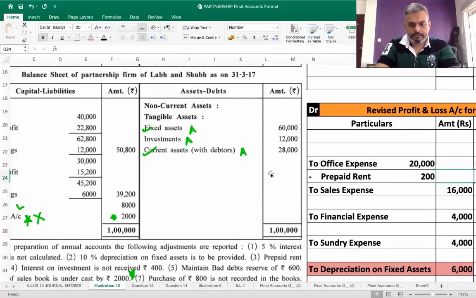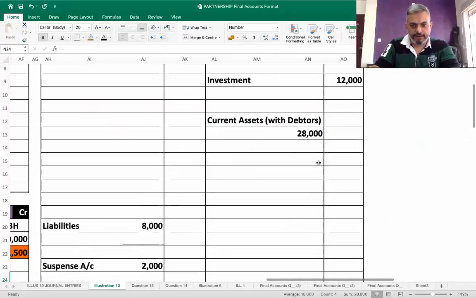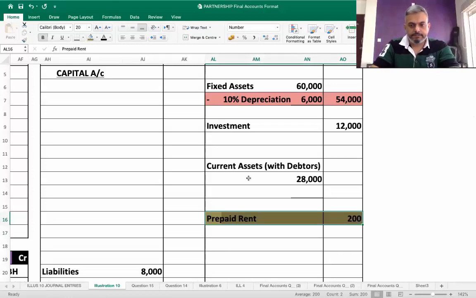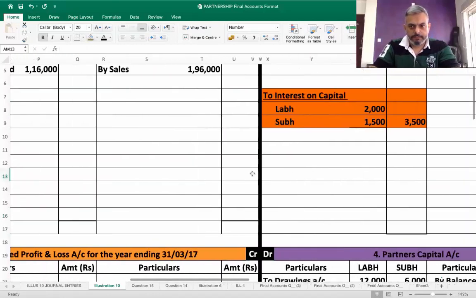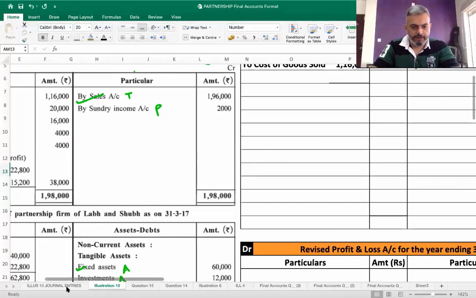200, 19,800, profit and loss account, balance sheet asset, prepaid rent 200. Let's write the journal entry.